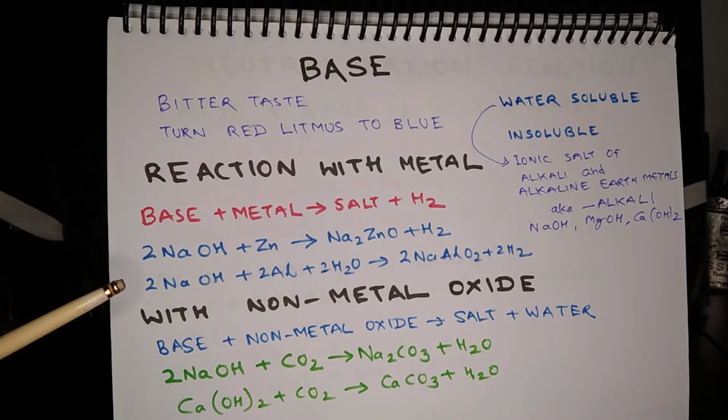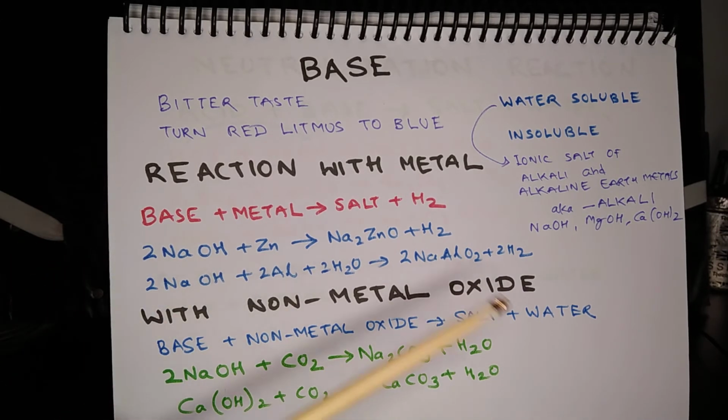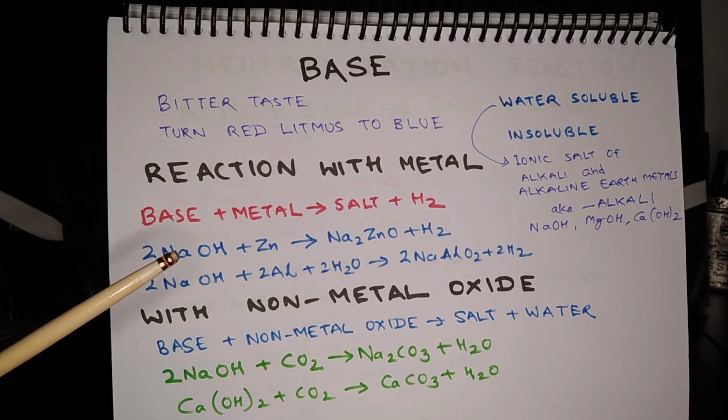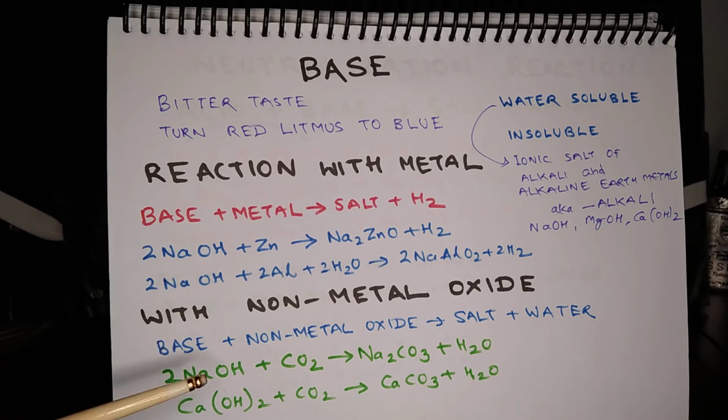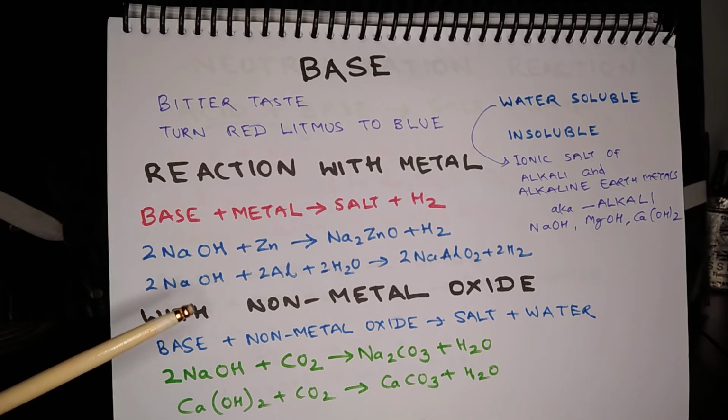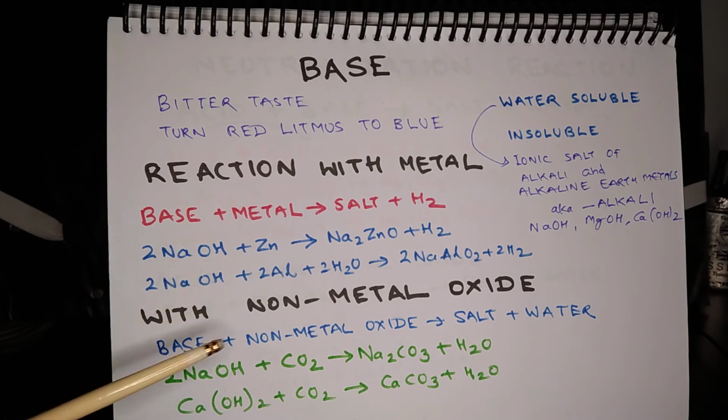When a base reacts with a non-metal oxide, then salt and water are formed. Non-metal oxides are acidic in nature. So these are a kind of neutralization reaction also, about which you will learn in a later section. The example is the reaction of sodium hydroxide with carbon dioxide.